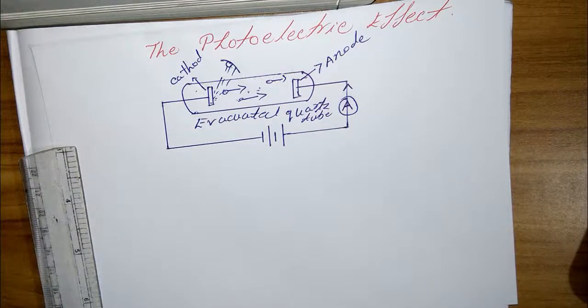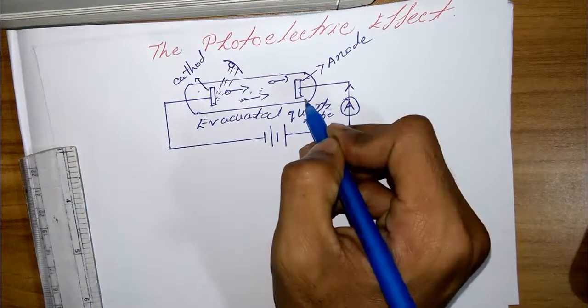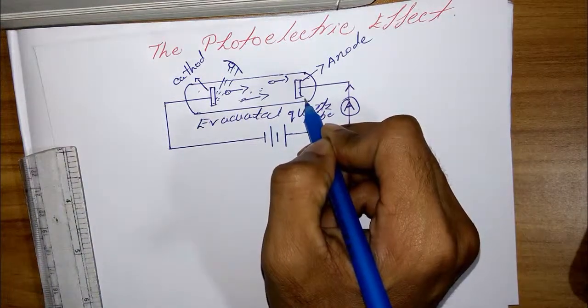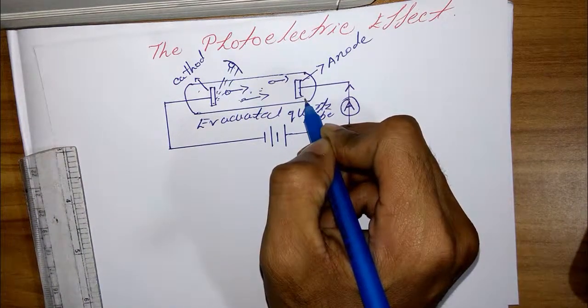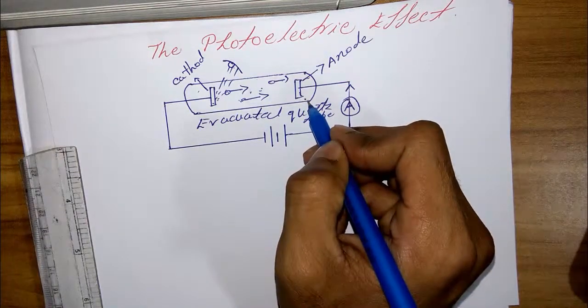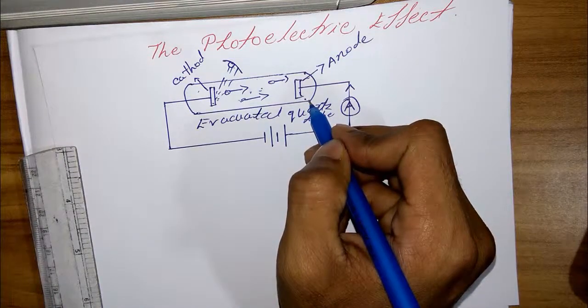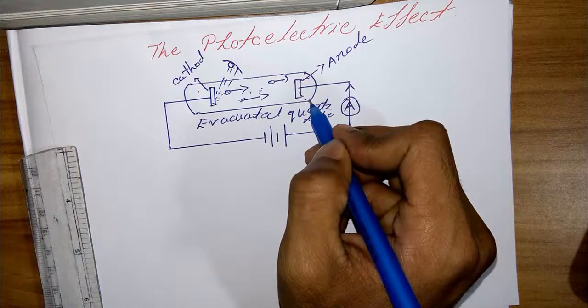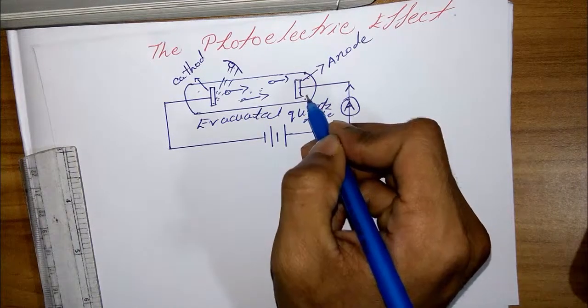When a negative voltage is applied to the anode, the electron has to do work to get to this electrode.